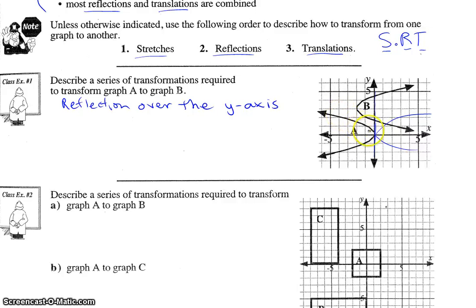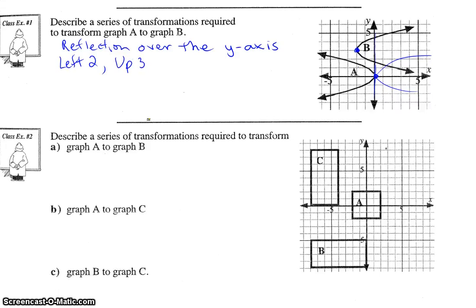So we didn't stretch it, we reflected it, and this is a pretty good anchor point right here to determine where it went to on the other graph, which is this anchor point there, the vertex. So how's it moved? It looks like it moved 1, 2 to the left. So it went left 2 and 1, 2, 3 up, or up 3. And there we go. Describe a series of transformations. Done. All right, example number 2.